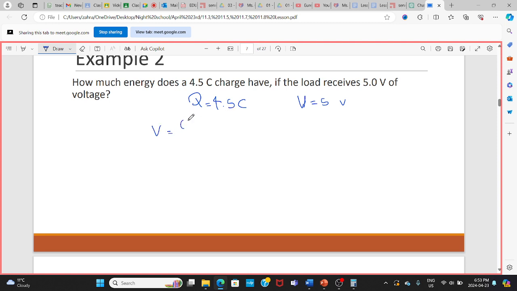Again, voltage is equal to energy over Q. I'm solving for E, so E is V multiplied by Q. V is 5 and Q is 4.5. It's 22.5 joule. That's the energy, right? So this is joule per coulomb multiplied by coulomb. The coulombs cancel, and you're left with joules. Very simple.